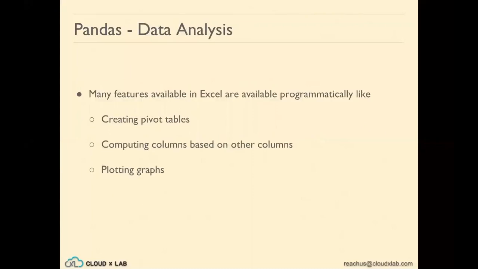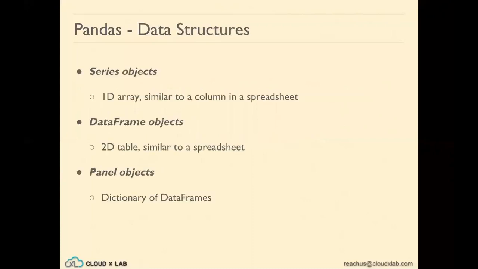In general, Pandas provides three kinds of data structures: series objects, which are nothing but arrays in which you can define the column names. They are very similar to a column in a spreadsheet.